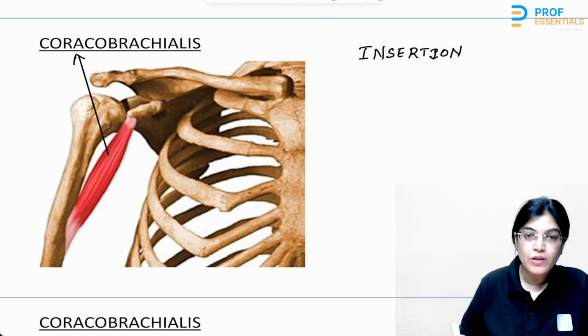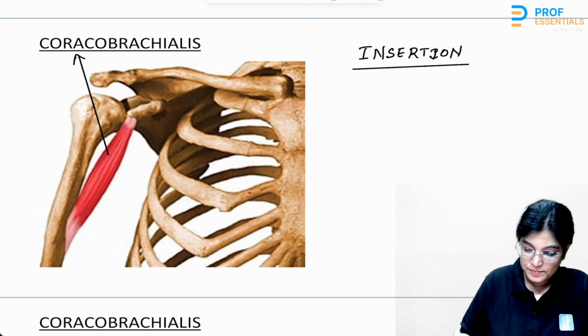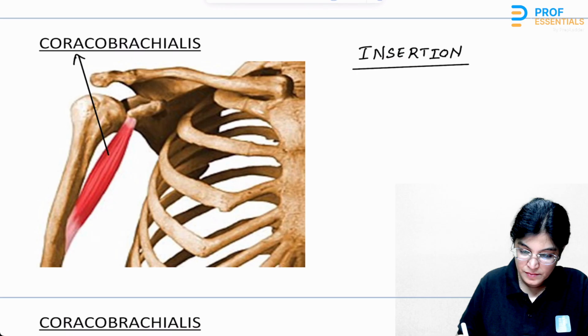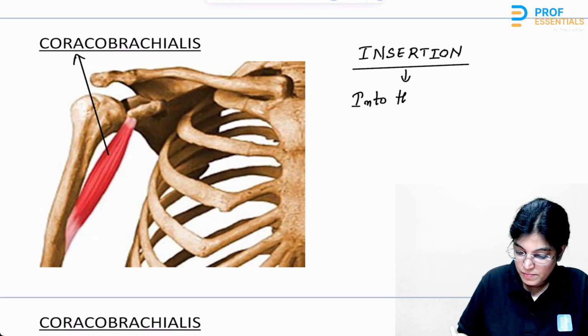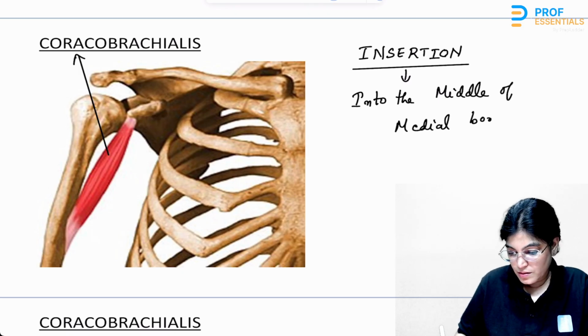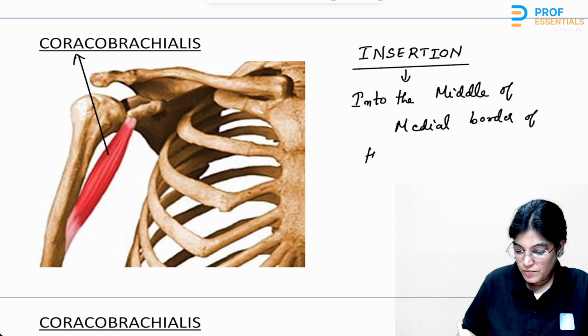The insertion of this muscle happens to be it inserts into the middle of medial border of the shaft of humerus bone.